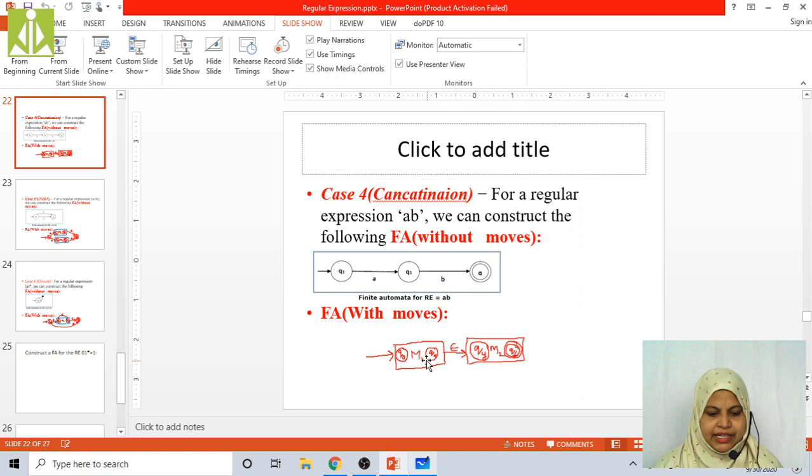Here q naught on M1 goes to q2, epsilon to q3, then M2, the final state.